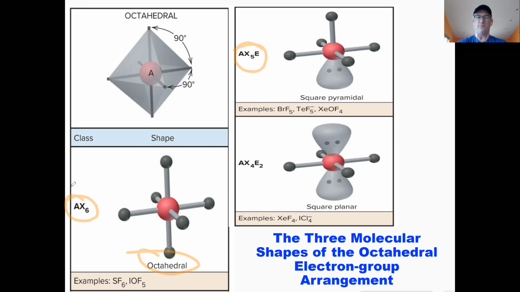When you introduce a lone pair, you get this odd shape. You sort of get this square pyramid shape, basically sitting on a lone pair of electrons. When you introduce 2 lone pairs, you also get a square, but with a lone pair on the top and a lone pair on the bottom.